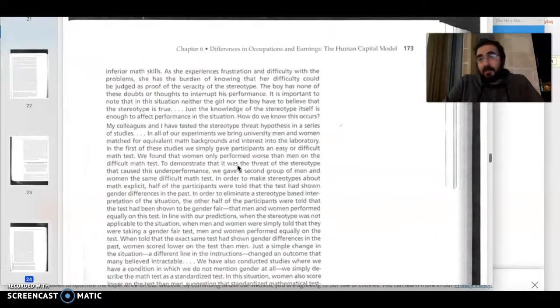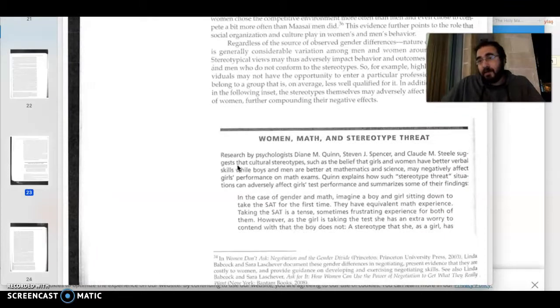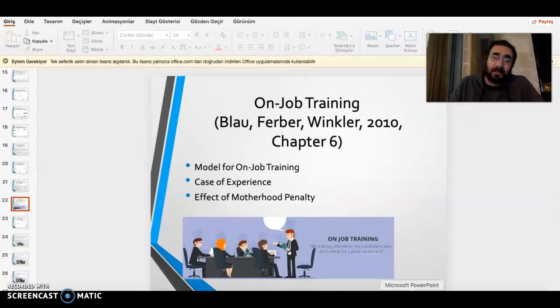So, this is for the fields women and men are choosing. Other things that are affecting human capital are on-job training and experience, basically.